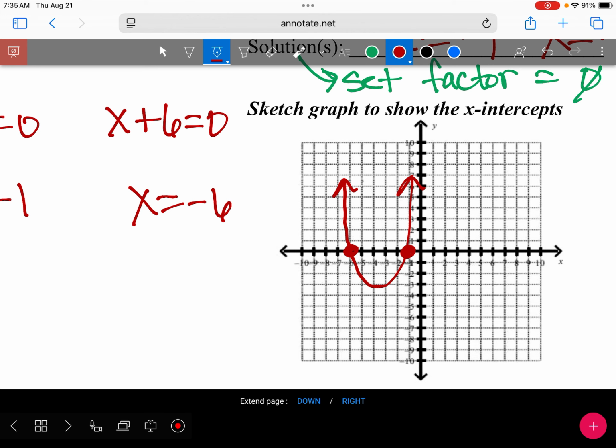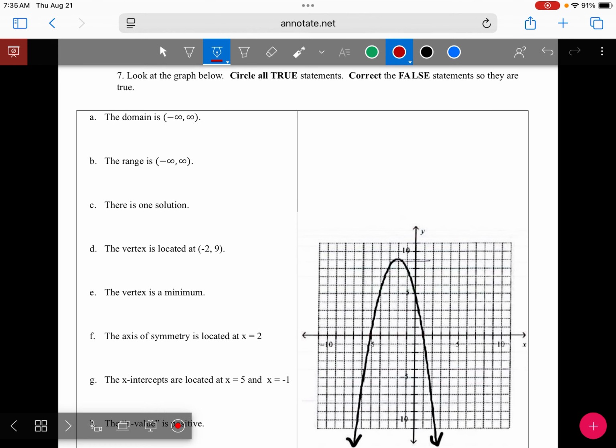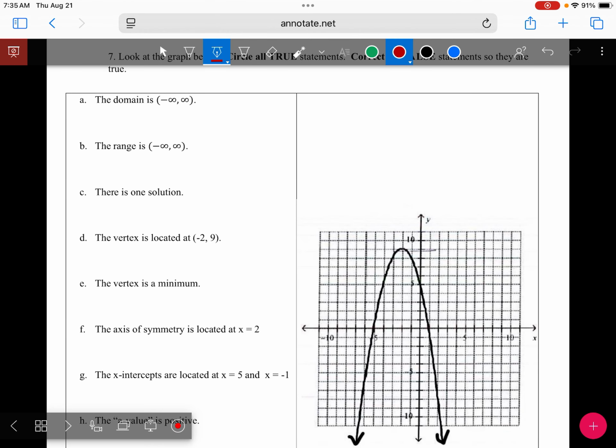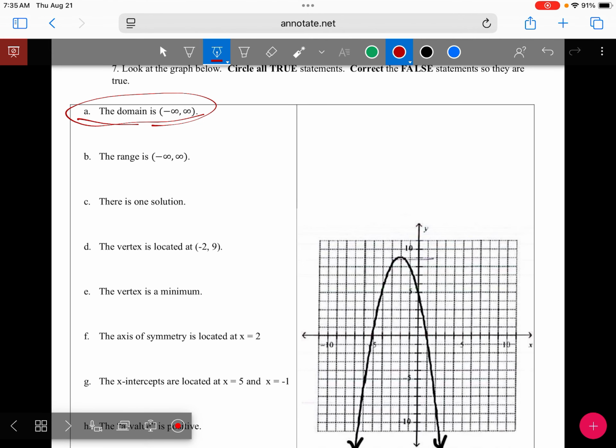Number 7. Let's see which ones are true, but then we got to correct the ones that are false. So A, is A true or false? True. So what does it say do? It says circle the true statement. So this is true. Well, let me circle the true ones in green. All right, the range.